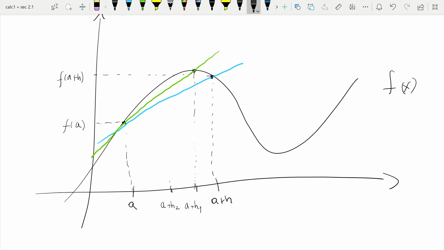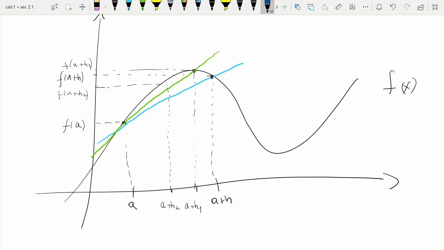Now if we take a different number h2, smaller than h1 and h, so I'm just completing the graph here.